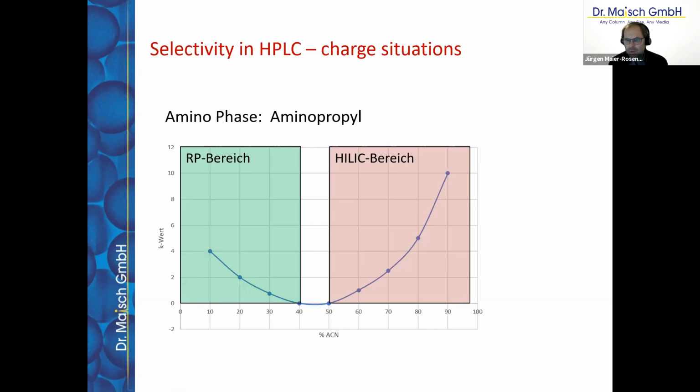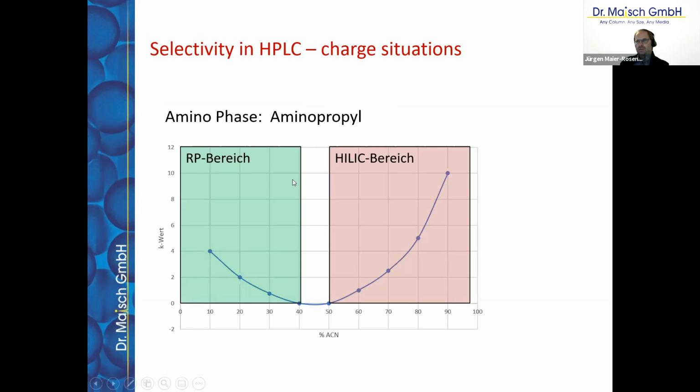I already have spoken about the situation of the charges on the surface and on the molecules, and it's pretty important that you are aware which situation you have on your stationary phases. In this example, I have used the aminopropyl phases.